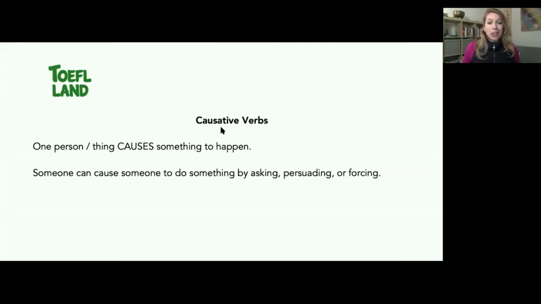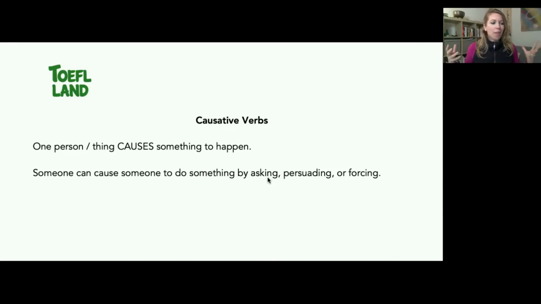So as I just stated, a causative verb is used when one person or thing causes something to happen. Someone can cause someone to do something by asking them, persuading them, or forcing them. So when I said to you, don't make me do this, you were potentially forcing me to do something I didn't want to do.